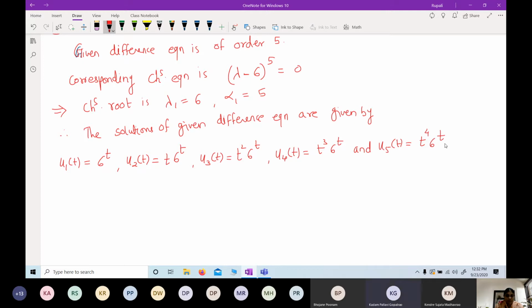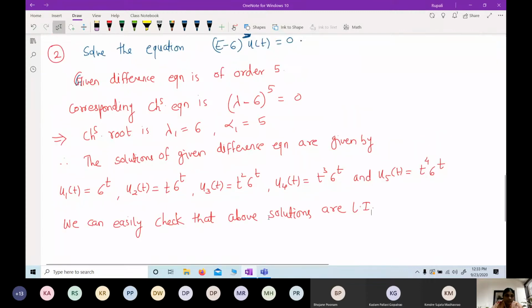These are the different solutions of the given difference equation, and we can easily check that the above solutions are linearly independent.